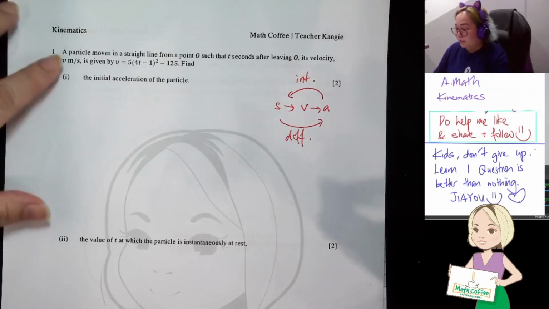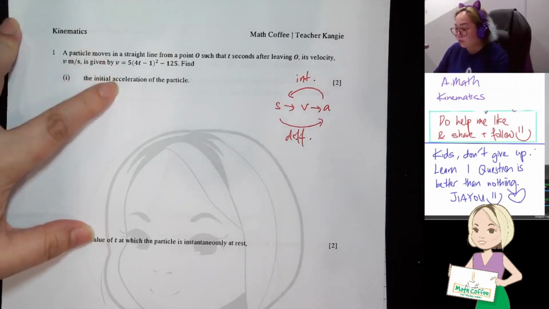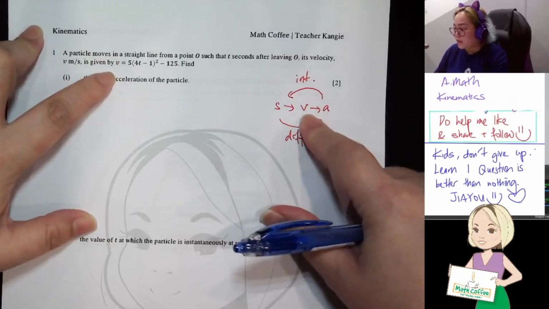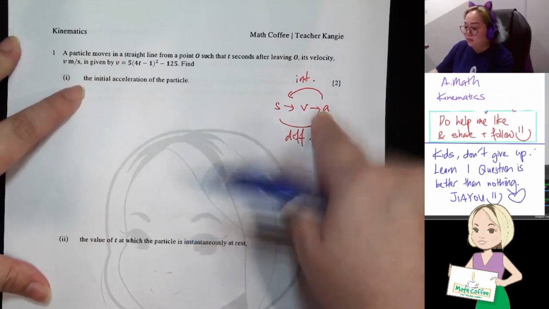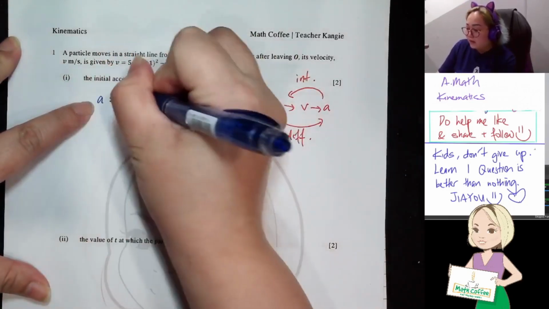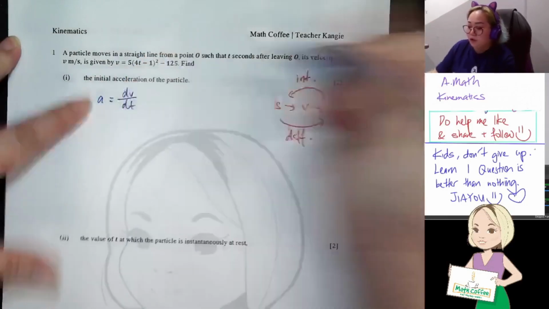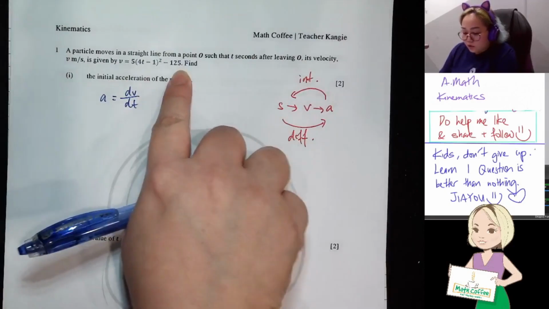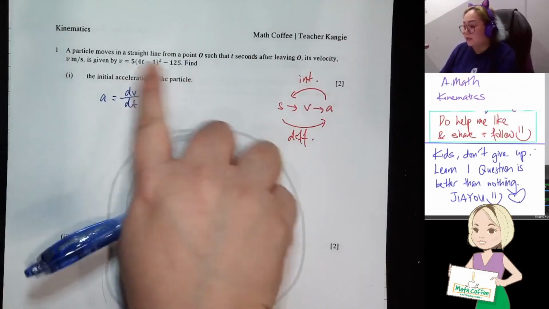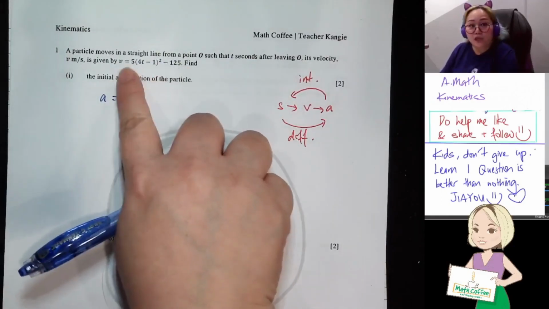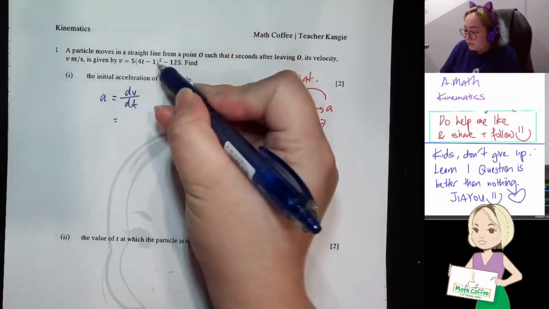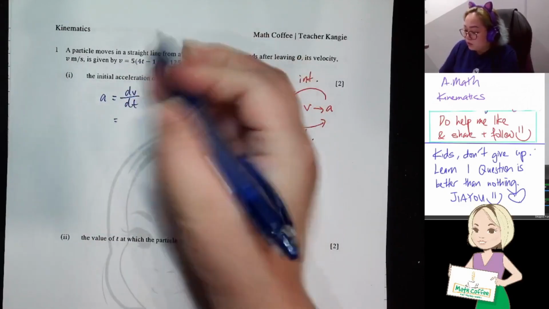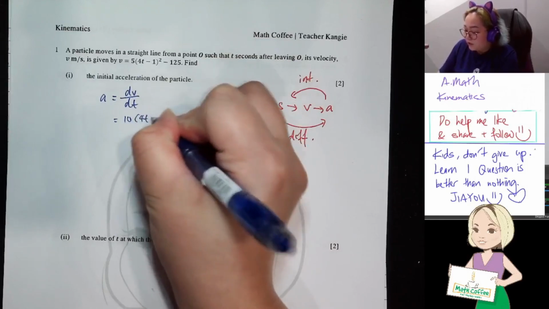So in this question, I'm given velocity, and they asked me to find acceleration. So you look at this, I'm given v, I want to go to a. It means that to find my a, I need to differentiate my velocity. So in other words, we're supposed to differentiate this. In this case, I can just apply the chain rule. So over here, I'm going to bring the 2 down, so it becomes 10(4t minus 1).